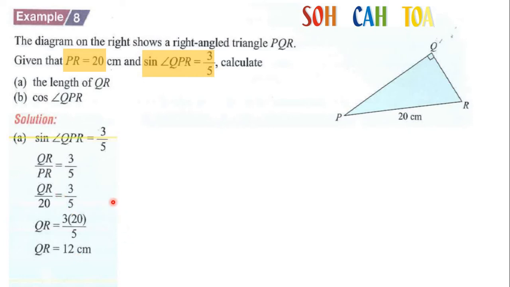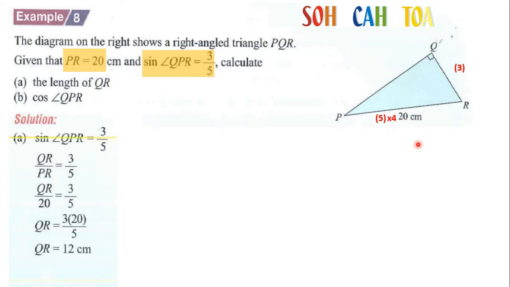Or, here is another tip for how you can find QR. Sine QPR, opposite over hypotenuse, is 3 over 5. Hypotenuse is 5, QR is 3, PR is 5. You look at the actual measurement, which is 20. So how from 5 can you get 20?